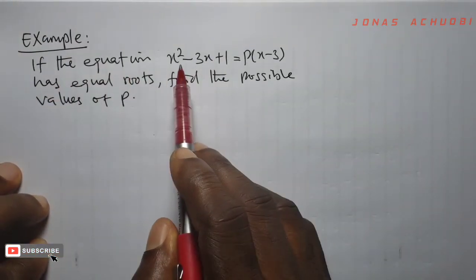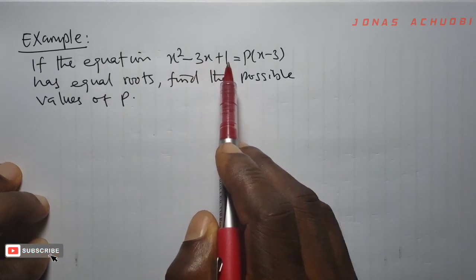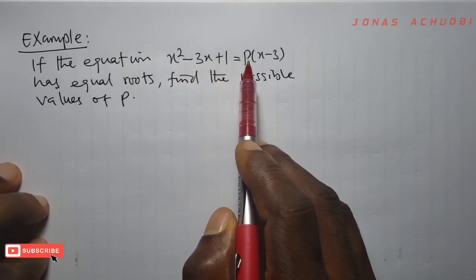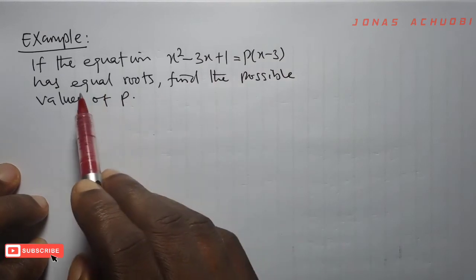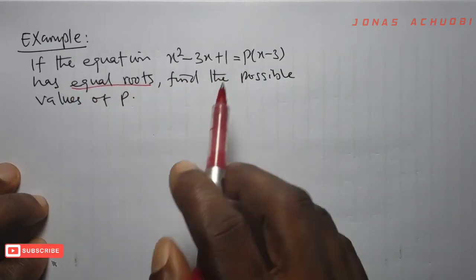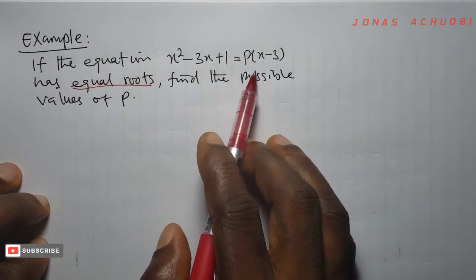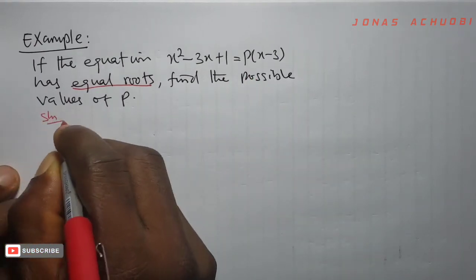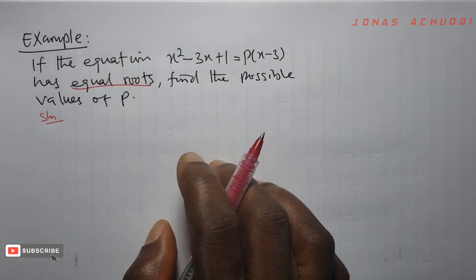If the equation x squared minus 3x plus 1 equal to p times x minus 3 has equal roots, that's the keyword, find the possible values of p. Now, we have to be very careful with this problem.